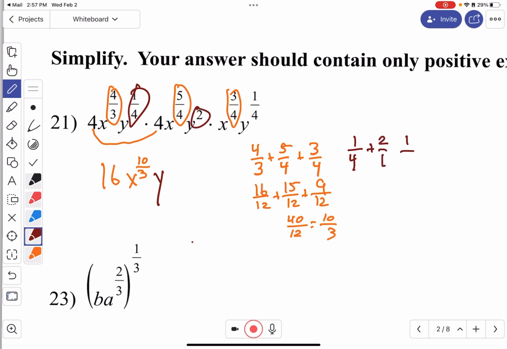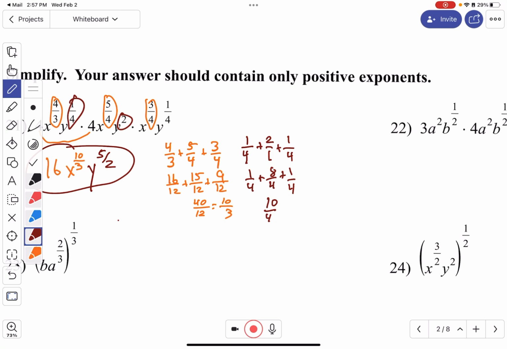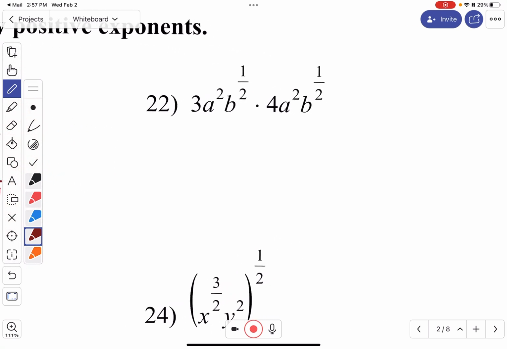And we've got another 1/4. We're going to add all those together. So 4 is our common denominator. 8. So that's 10 fourths, which is 5 halves. And there's our solution. A lot of work for that one. It's a tough one. If you got to use your calculator, you got to use your calculator. The ABC button on your calculator is oftentimes pretty handy.